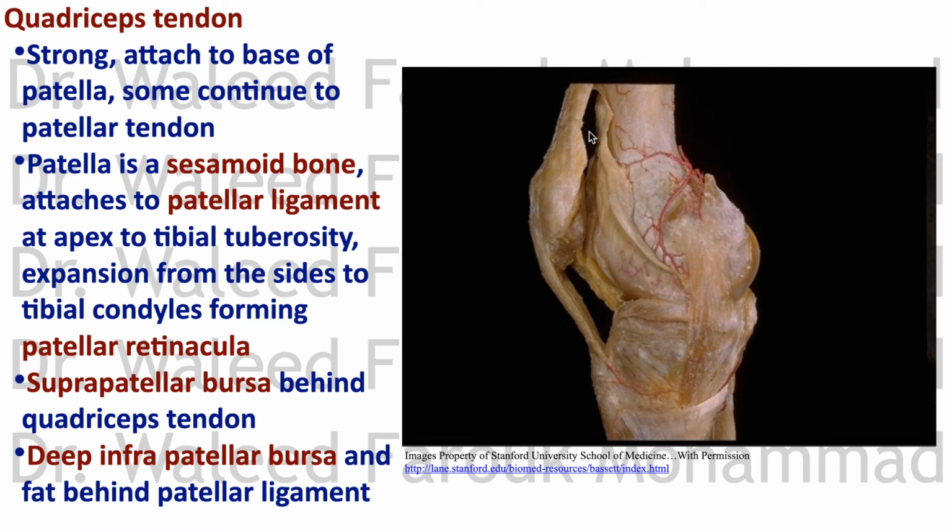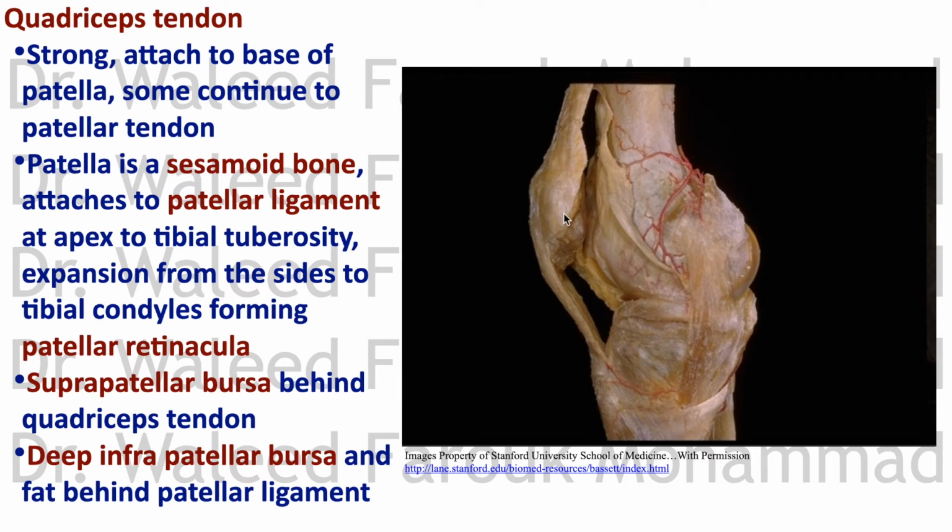The quadriceps tendon, this is the quadriceps tendon. Don't make the mistake to name this as the quadriceps tendon. No, this is the quadriceps tendon, and this is the patellar tendon or ligament. Okay, although they are continuous and the patella grew in the tendon, the quadriceps tendon is meant to designate this area only, this part of the tendon, and the patellar ligament is the lower part that attaches to the tibial tuberosity.